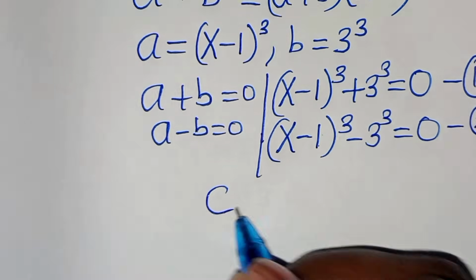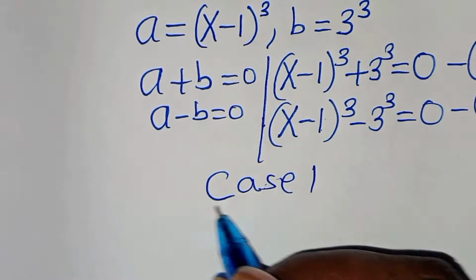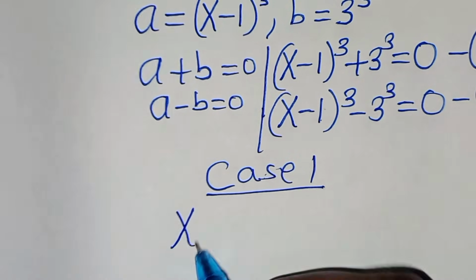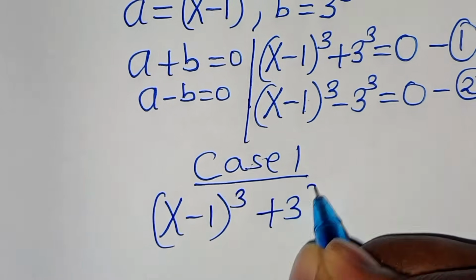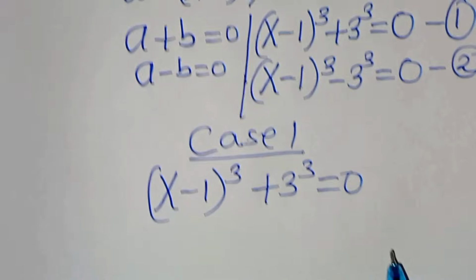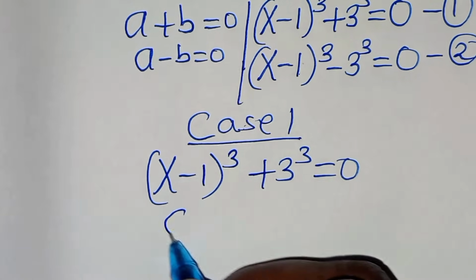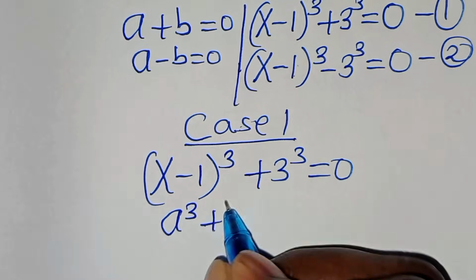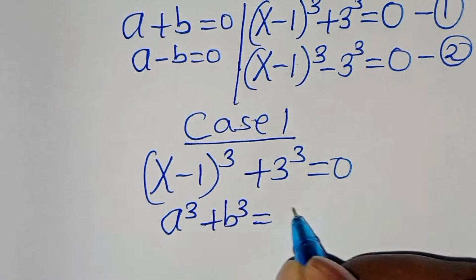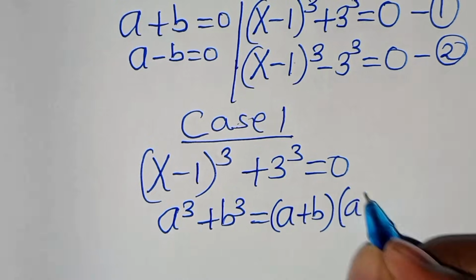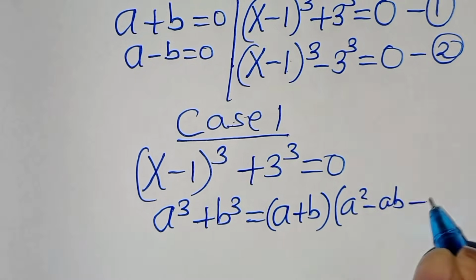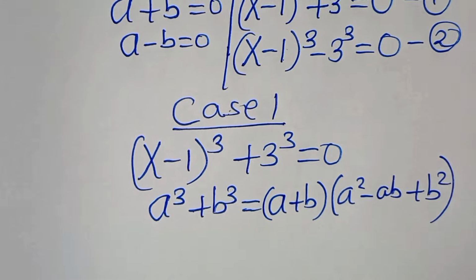Now let's start with case 1. In case 1, we have (x - 1)^3 + 3^3 = 0. This is the sum of two cubes, a^3 + b^3, which is equal to (a + b)(a^2 - ab + b^2).